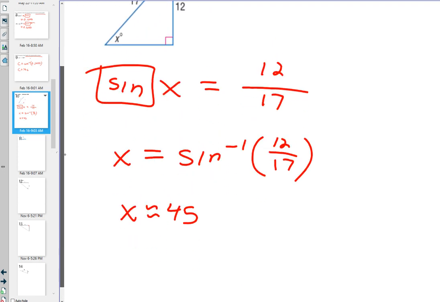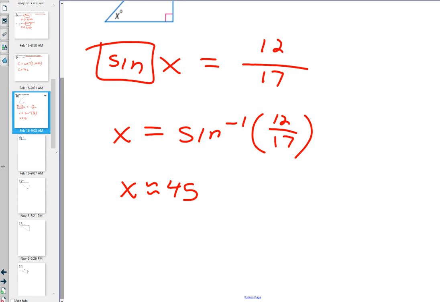They want it to the nearest tenth. Any questions there?